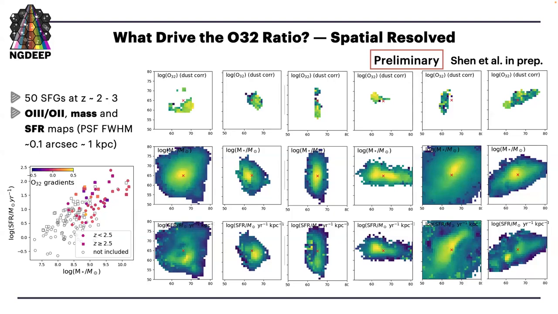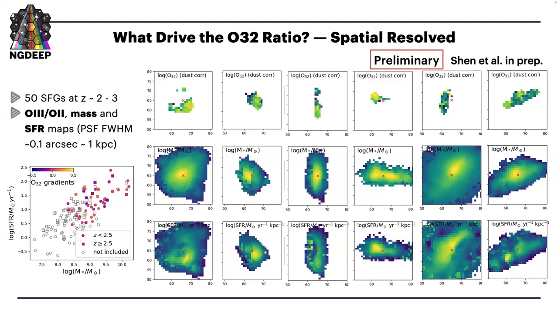This is the sample of the 15 galaxies. The ones without color are galaxies in the whole sample, but they are low mass, small, and compact, so we could not resolve them.